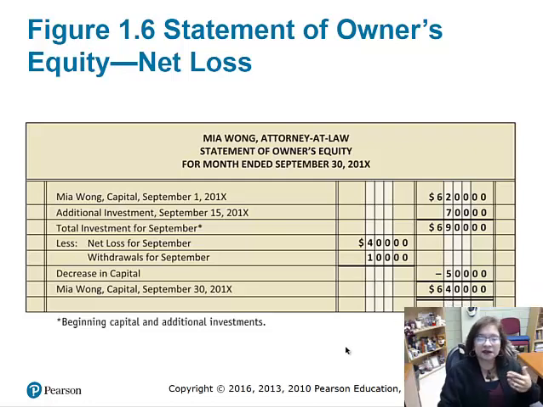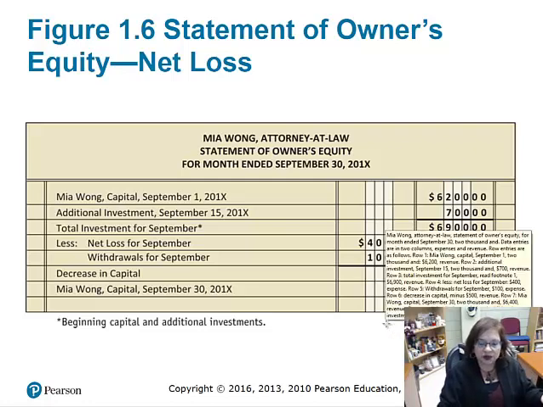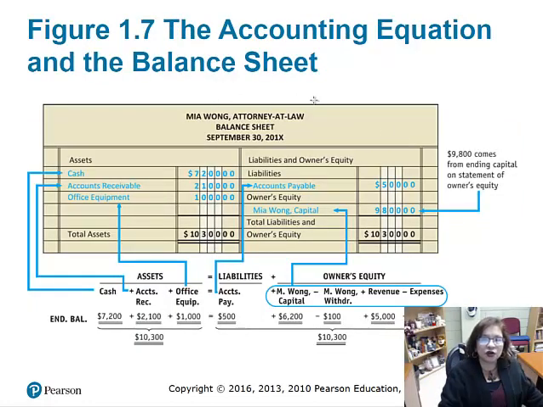So again, the differences between making money and not making money as to how much equity you have, how much right you have to the business. So when you're looking at the accounting equation, remember, we go back to the balance sheet. We have the cash, okay, the accounts receivable, the office equipment, your liabilities, your accounts payable that you've got, and then, of course, your equity.